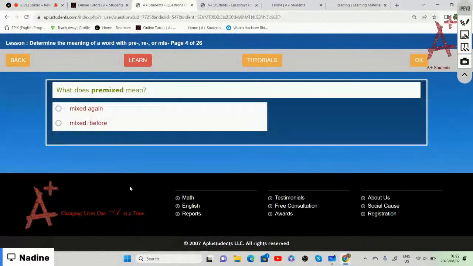So what does premixed mean? Mixed is a word that stands on its own, but premixed means we have mixed it before, because pre means before. If we wanted to say mix it again, we would have said remix.